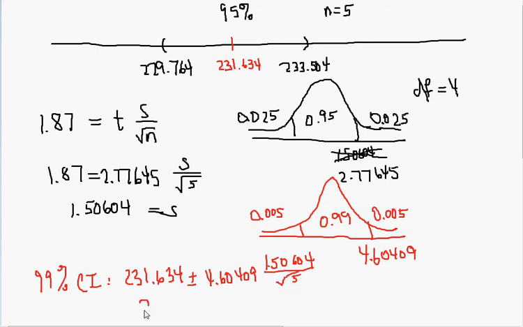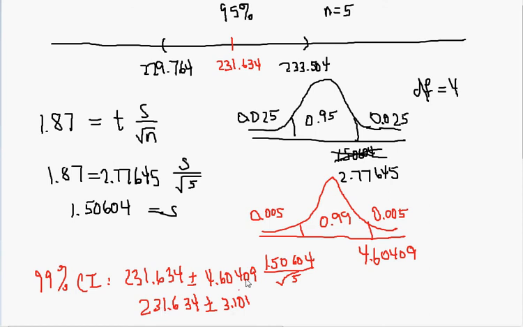And that works out to be 231.634 plus or minus 3.101. And not surprisingly, this 99% confidence interval is going to be a bit wider than the 95.